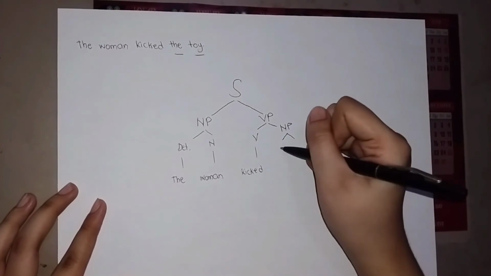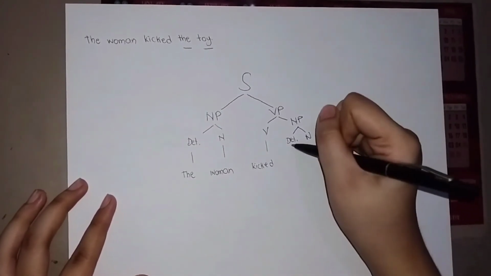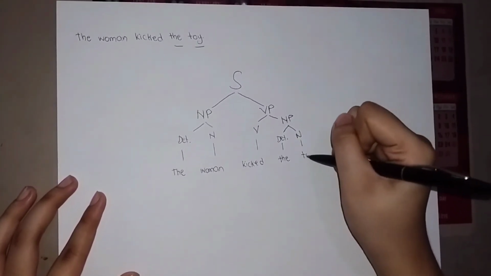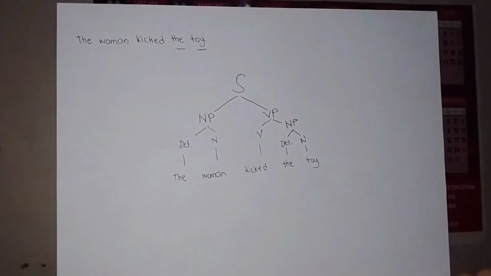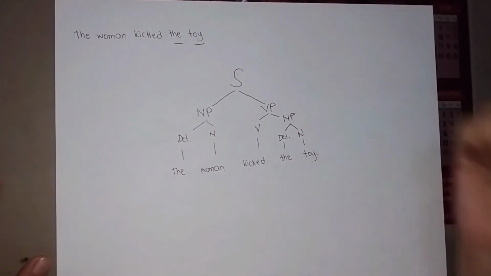Then write down, be specific, the toy. Once again, and then just like that, we're already done.